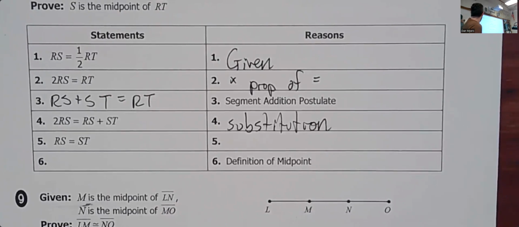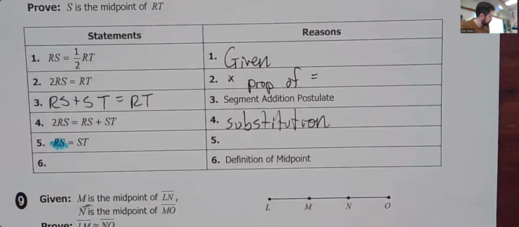All right. So second to last one here, RS equals ST. Transitive, there it is. And you probably noticed a lot of the time, the step after substitution is oftentimes the transitive property. That will happen a lot as well. So again, here's our first thing, RS.